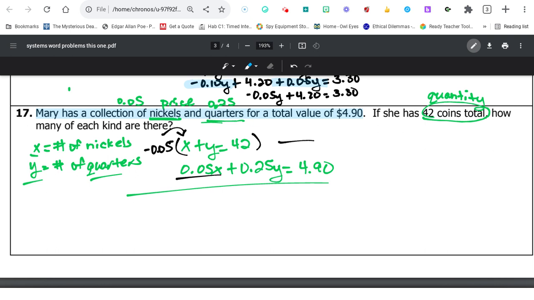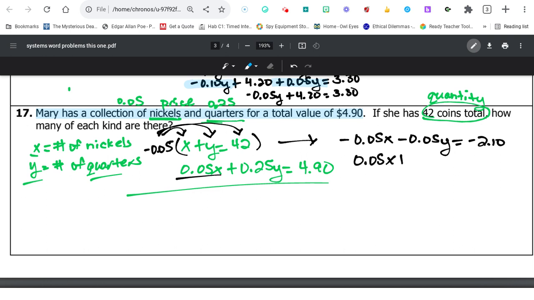So this will end up being negative 0.05x minus 0.05y. And then when I multiply here, 0.05 times 42, that'd be negative 2.1, or negative $2.10. I'm just going to transfer this equation over. These are going to cancel.